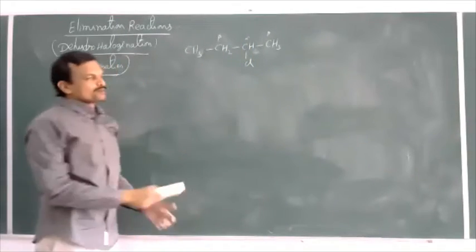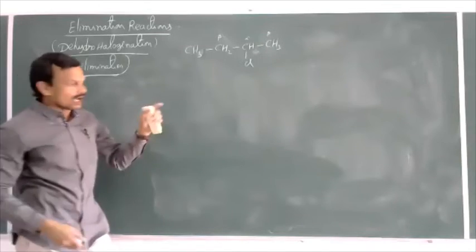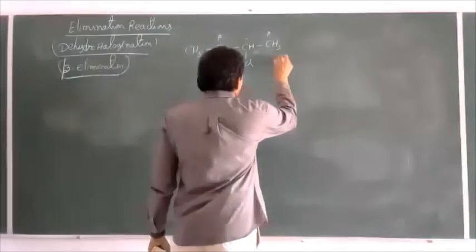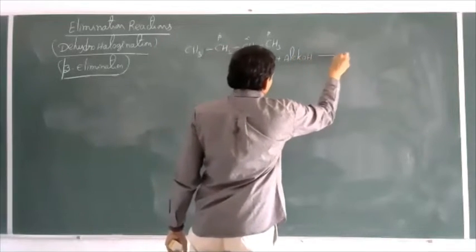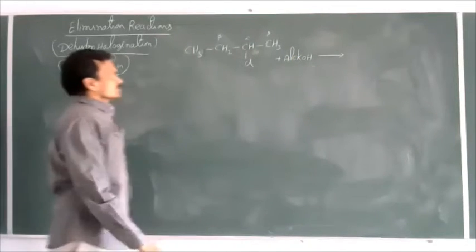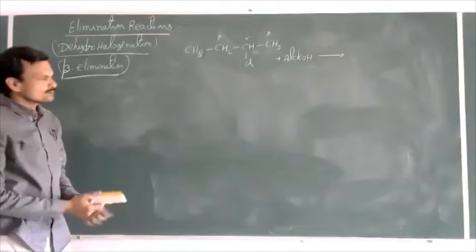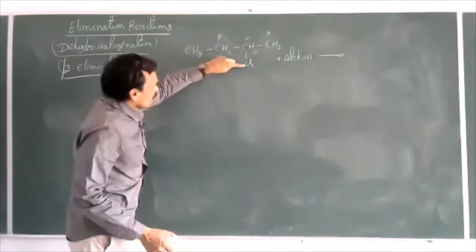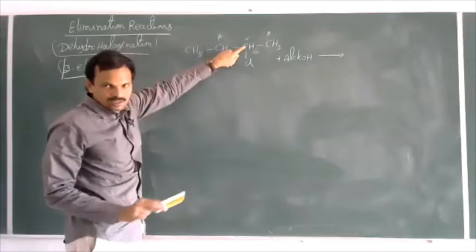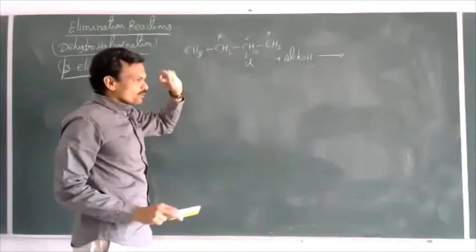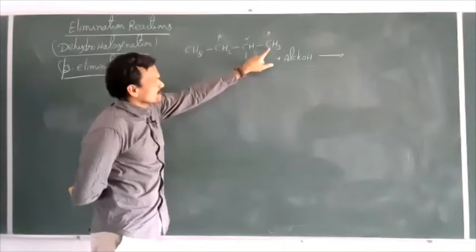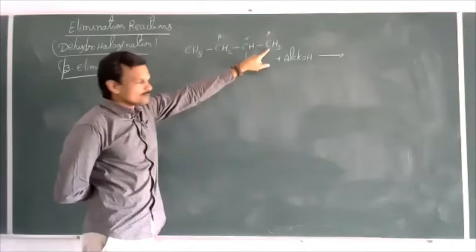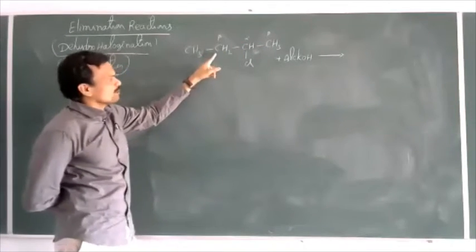That is called an unsymmetrical haloalkane. Now, when this unsymmetrical haloalkane is allowed to react with alcoholic KOH, what is the product formed? We remove the halogen from this alpha carbon, clear. Then from where do we eliminate hydrogen? From this beta carbon we can eliminate hydrogen, or from this beta carbon.